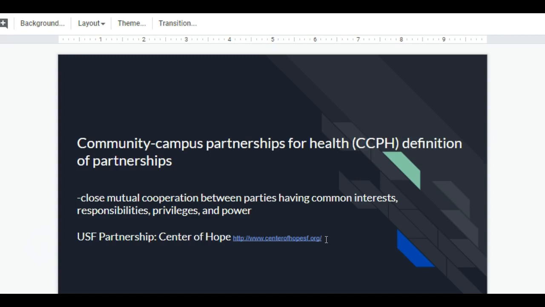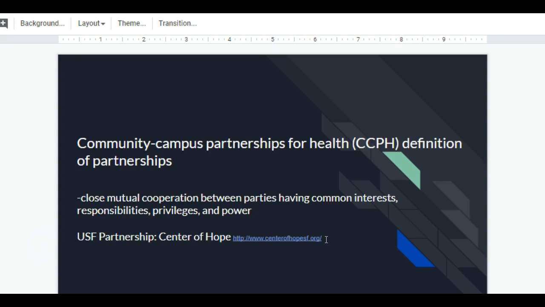So this partnership is extremely important to USF because we are able to impact the lives of vulnerable populations through Center of Hope. We are able to help with screenings, provide education, and spend time really immersing ourselves with a population suffering from all kinds of vulnerabilities, especially poverty.